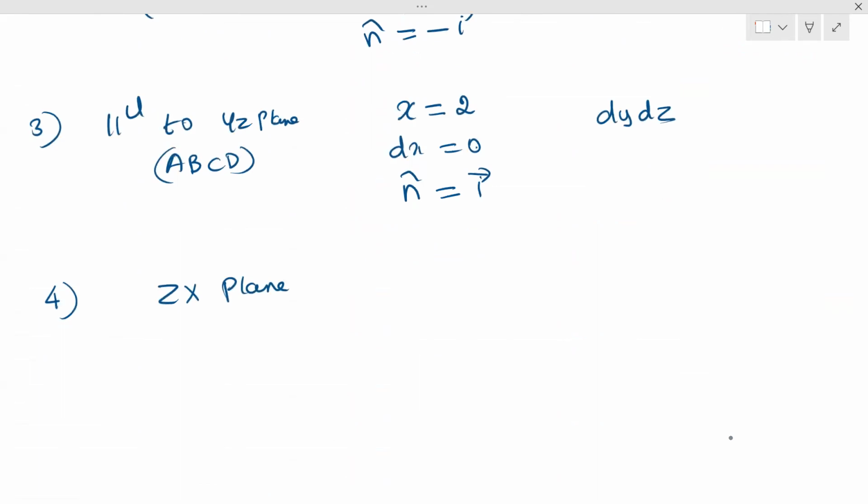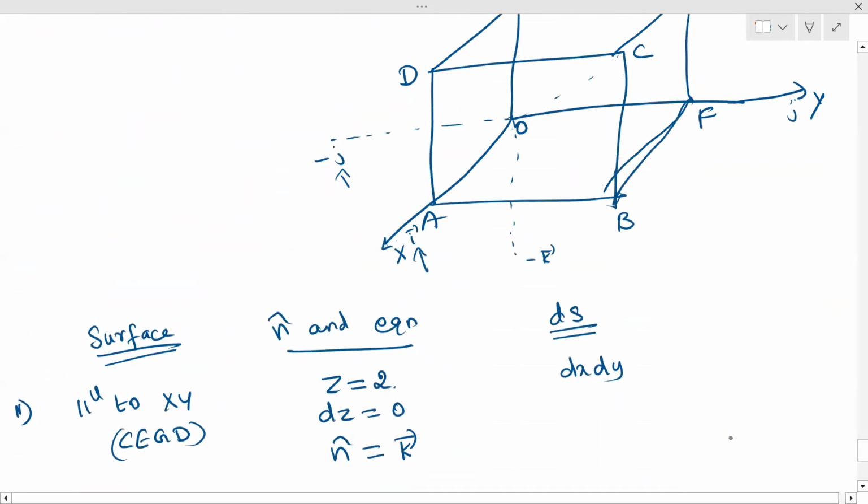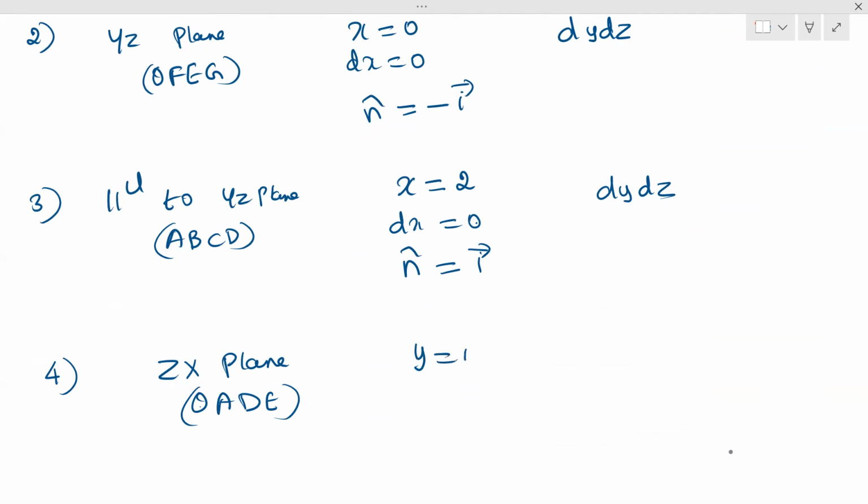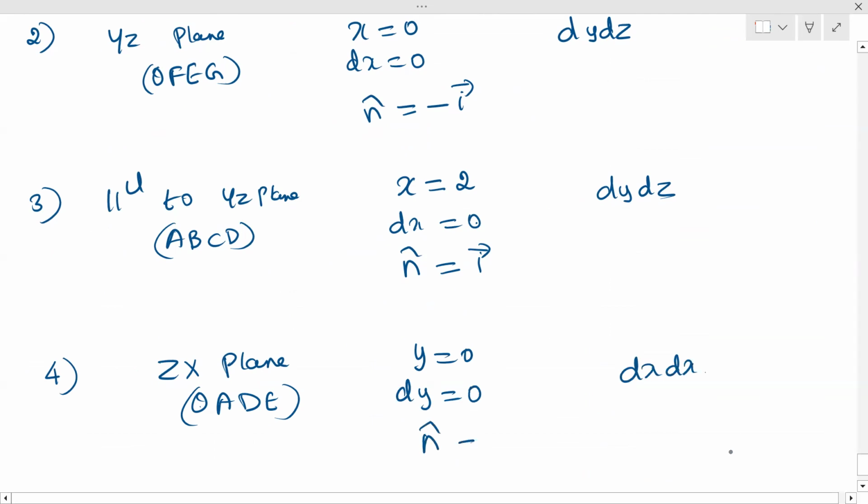So the equation is y equal to 0, so dy is 0, which means ds is dx dz and n cap is minus j.